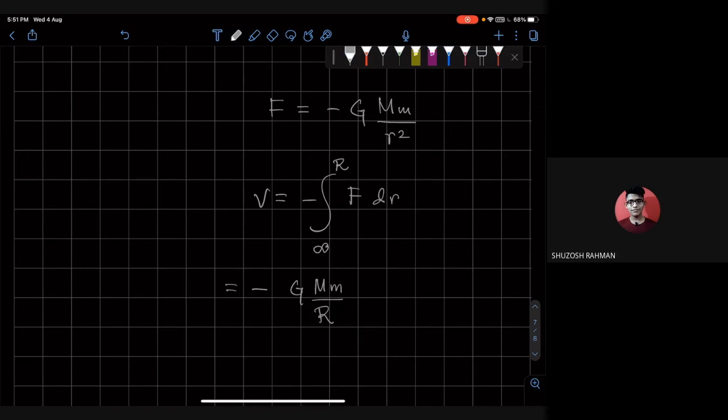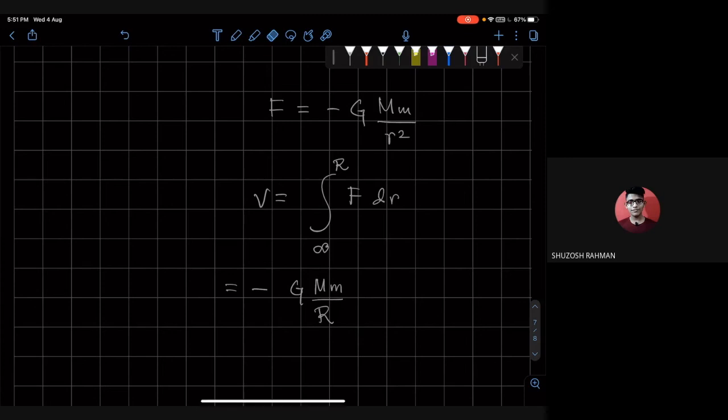Yes, sir. Are you sure? I feel like that's what I remember, but no, it's not about remembering. We are trying to derive it. So there's a minus sign here, and F has a minus sign, so there's a minus minus. Is there a minus sign here? No, there's no minus sign here.